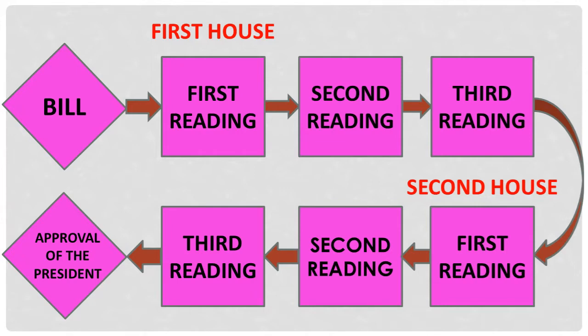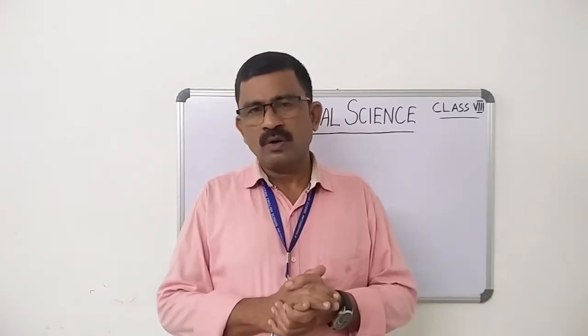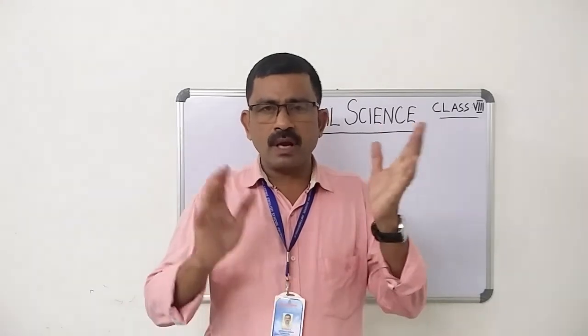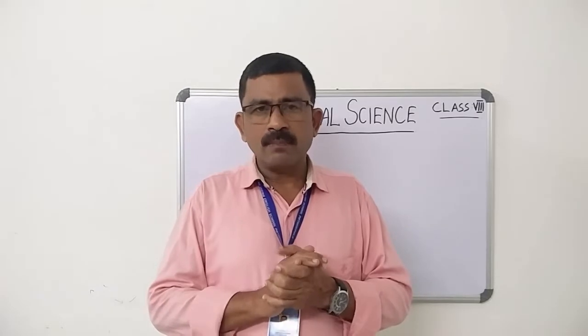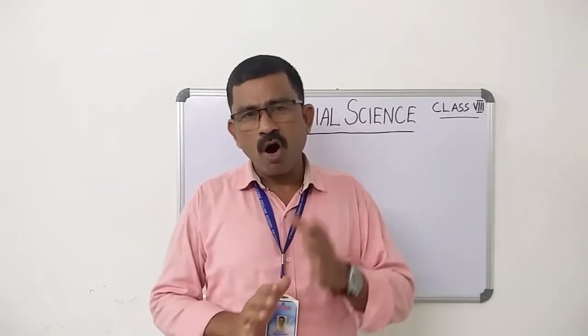On getting the approval of the president, the bill becomes a law. So my dear children, now you know how a bill becomes a law. This is the procedure of the ordinary bill.